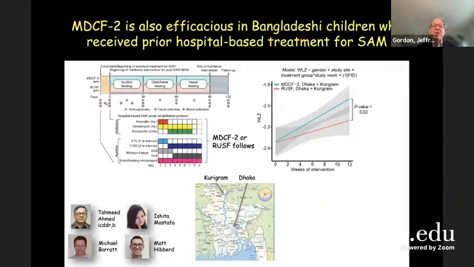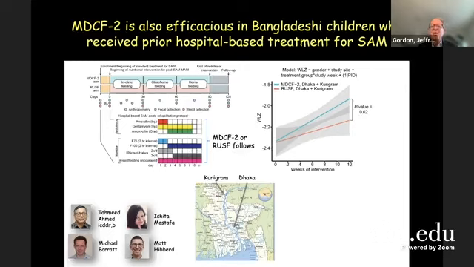So these children with post-SAM MAM were then divided into two treatment arms, one with MDCF2 and the other with RUSF. The design of the experiment was identical to that I described earlier with primary MAM, and the outcome was identical. That is to say, those children who had post-SAM MAM treated with MDCF2 had superior ponderal growth responses, and in follow-up, superior linear growth responses.